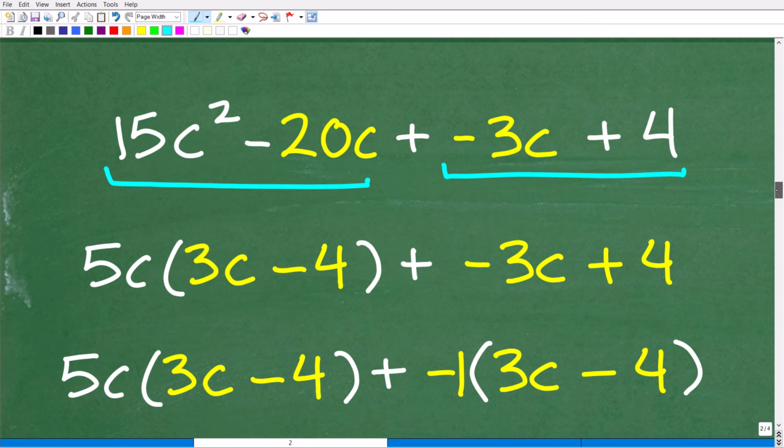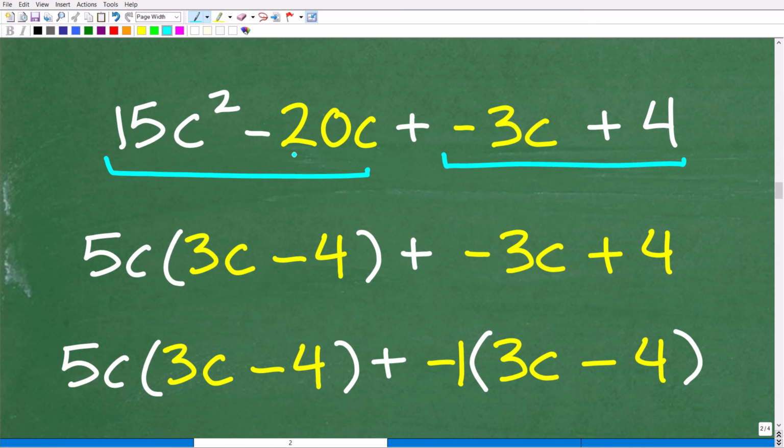Here is the problem with our negative 20c and negative 3c, and we're going to break this up into two groups, mentally speaking. The first two here and the last two here, and we're going to factor out the GCF of each. Now, I know a lot of you are like, oh, this is a lot of work. It's not that difficult once you practice this, and oftentimes this is easier than the guess and check method.